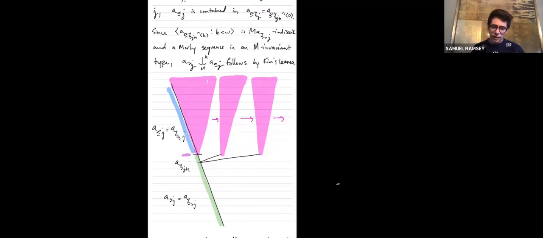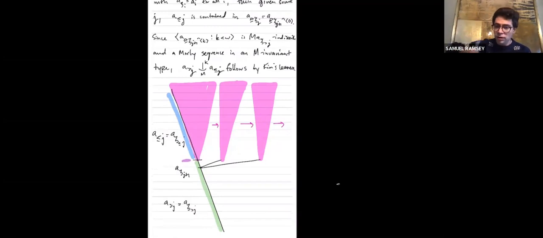Now, as I move horizontally and I look at the sequence of cones, that itself is an M-invariant Morley sequence. And by S-indiscernibility, that is indiscernible not just over M, but over M and the green bit, the end segment of my sequence.